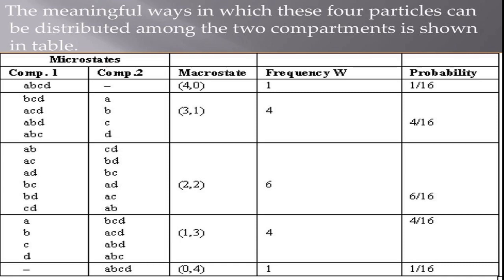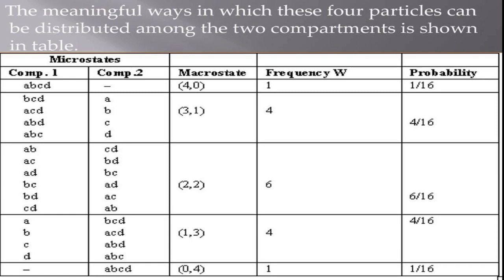For the macrostate 4,0 we have one microstate. For the macrostate 3,1 we have four different microstates. For the macrostate 2,2 we have six distinct arrangements, or six microstates. For the macrostate 1,3 again we have four microstates, and for the macrostate 0,4 again we have one distinct arrangement or one microstate.